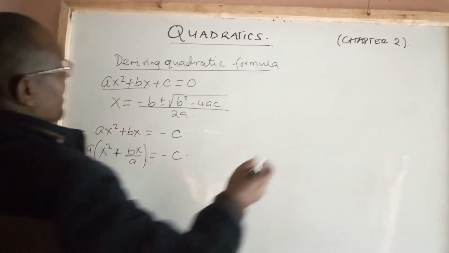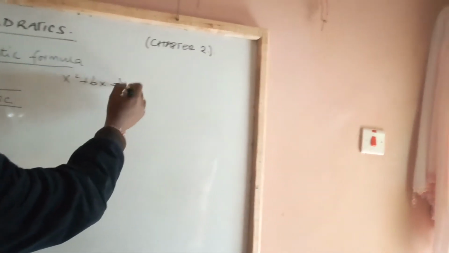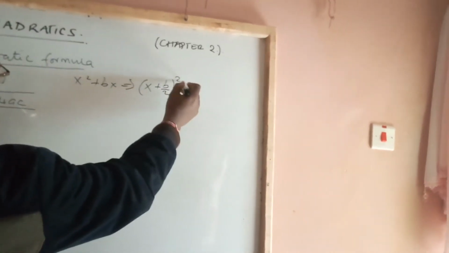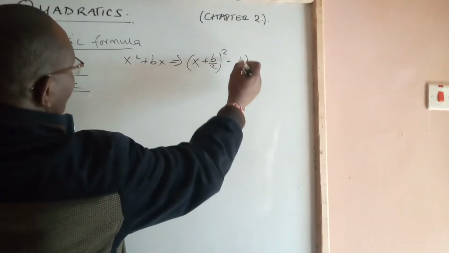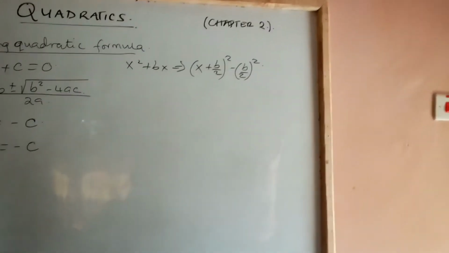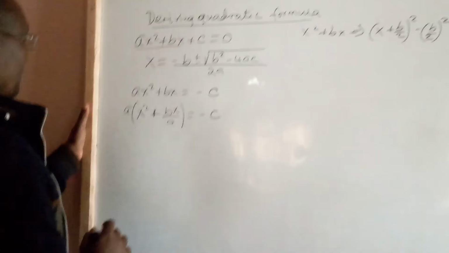So completing the square of the bracketed part, we know generally if you have x squared plus bx, to complete the square we have x plus b over 2, squared, minus b over 2, squared. That is not new. At this particular point, we complete the square of the bracketed part.